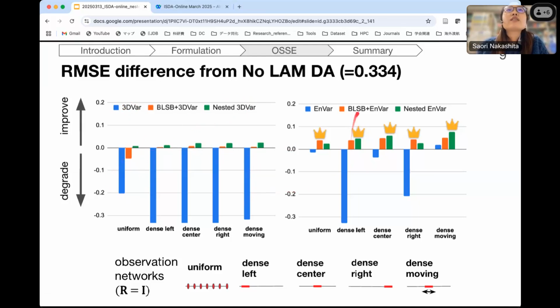In contrast, BLSB plus EnVar and nested EnVar show comparably good performances. The proposed nested EnVar shows the best performance on the left, center, and moving observation networks. Hereafter, we focus on the EnVar experiment with moving observation networks.